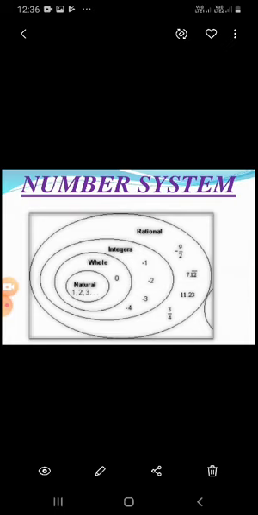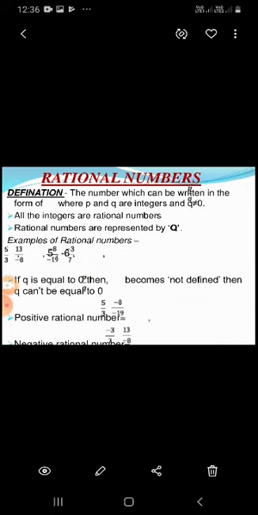In this chapter we will be discussing all the concepts related to rational numbers. Now coming to the definition of rational numbers, first I will read what is written here, then I will make you understand. The number which can be written in the form of p by q, where p, q are integers and q is not equal to 0.